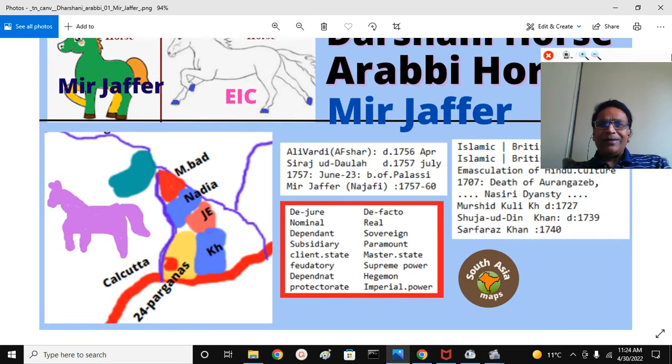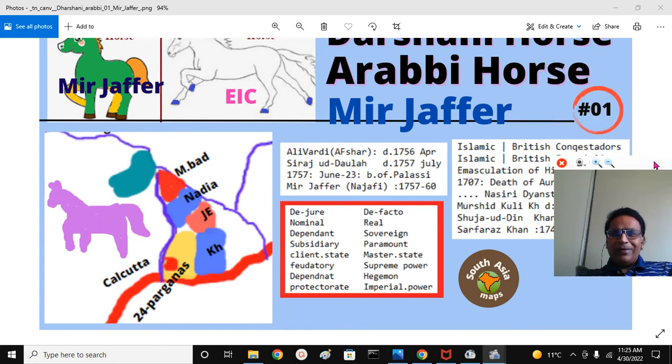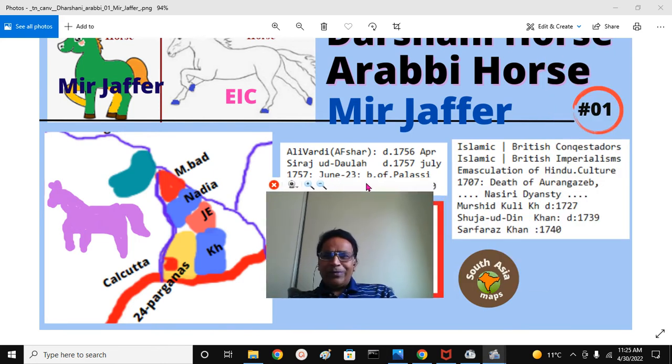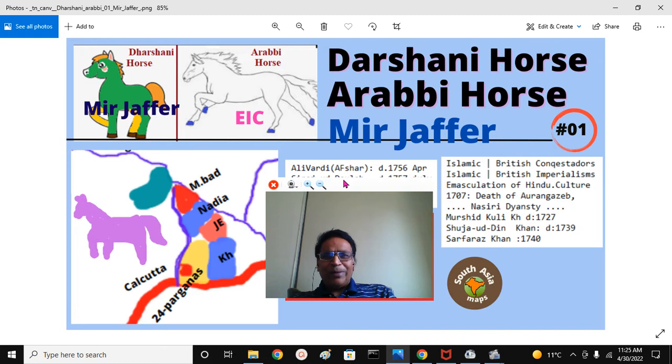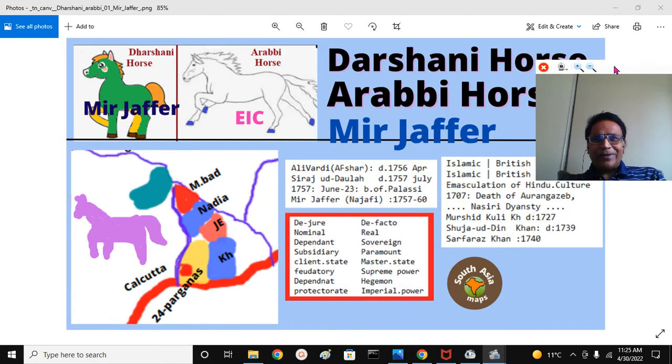After the fall of the Hindu-Buddhist empires, Bengal went under the control of Islamic conquistadors, Islamic imperialism. Later, at this event, it was overthrown by the British imperialists, British conquistadors.